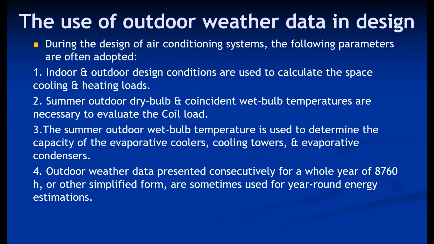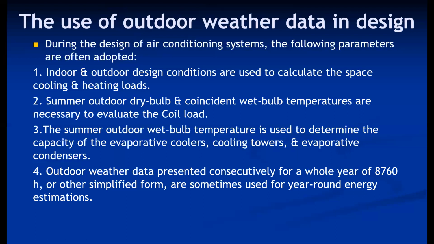Because the outdoor climate is continuously changing, the transmission load is also continuously changing. So, for estimating the transmission load, hourly readings are required, that is DBT, solar temperature, and wind velocities.